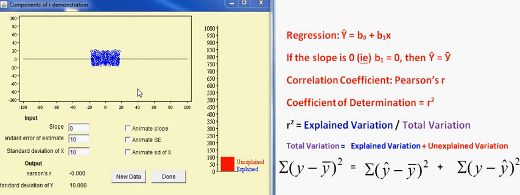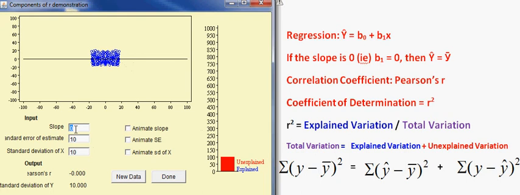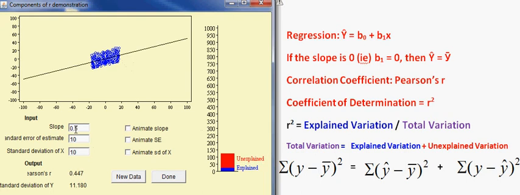Okay. So now let's make the slope 0.5. So there is a slight positive slope here. So regression slope is 0.5. And Pearson's R is 0.44. And when you square that, 0.4 squared, that's about 16%.